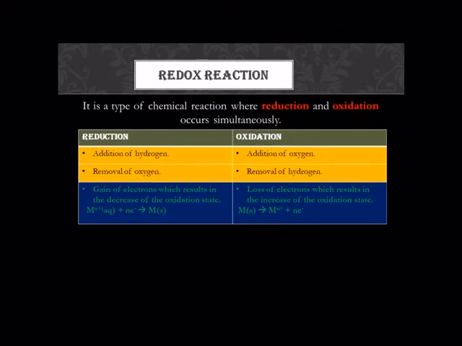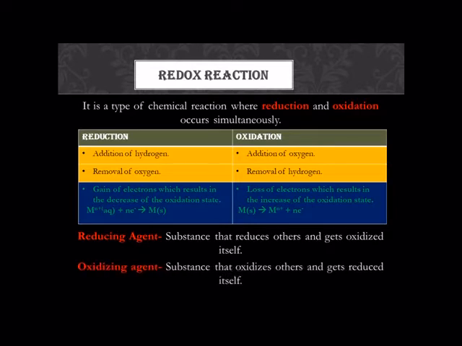To carry out this process, we need two kinds of agents. One is called a reducing agent. Reducing agents are those agents which reduce others and themselves get oxidized, because in a chemical reaction two processes are occurring simultaneously. One is getting reduced and the other is getting oxidized. Similarly, we also have an oxidizing agent.